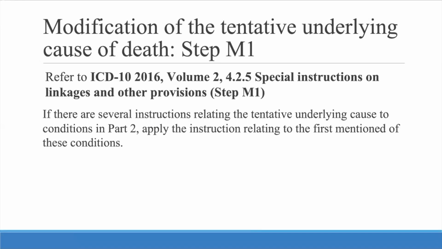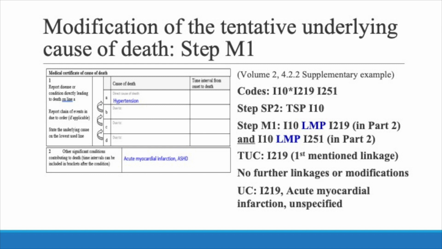And a final instruction for how to resolve more than one valid linkage in the application of step M1. If there are several instructions relating the tentative underlying cause to conditions in part 2, apply the instruction relating to the first mentioned of these conditions. One more supplementary example designed to demonstrate the instruction on the previous slide.